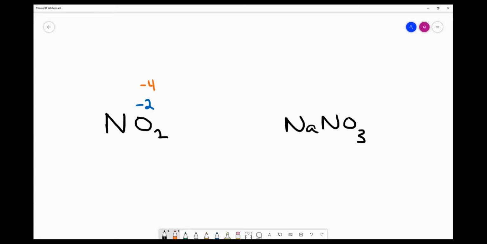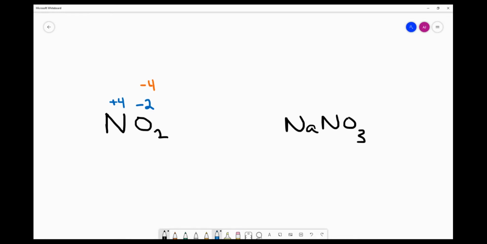Now I'm going to apply the rule that the sum of the oxidation numbers of all the atoms in the compound must be equal to the charge on that compound. There's no charge on the nitrogen dioxide, so that must mean the nitrogen, and there's only one of them, must have a +4 charge. So the +4 charge on the nitrogen and then 2 oxygens, each with a -2 oxidation state, and then we have no overall charge.